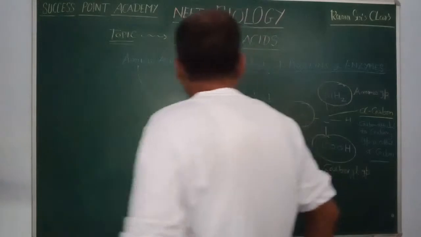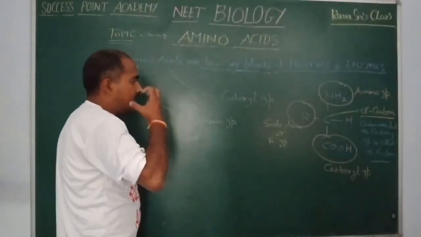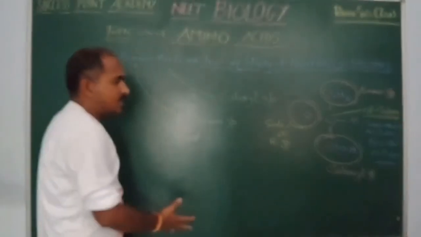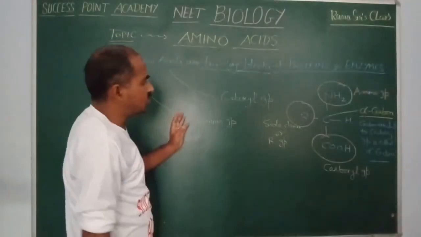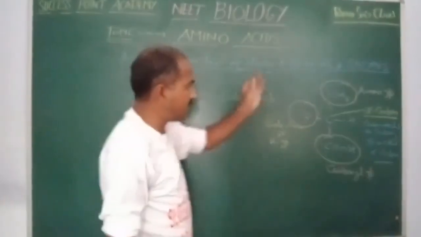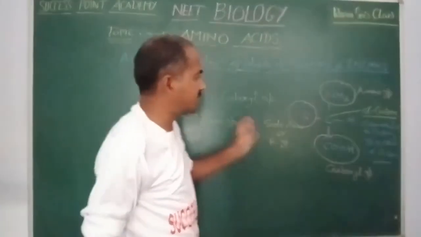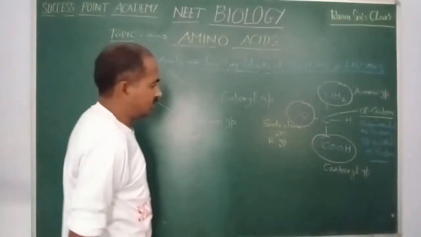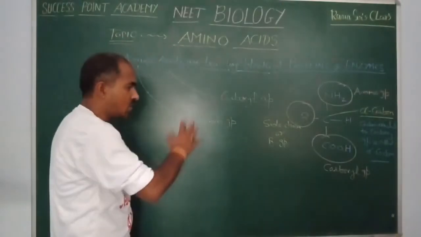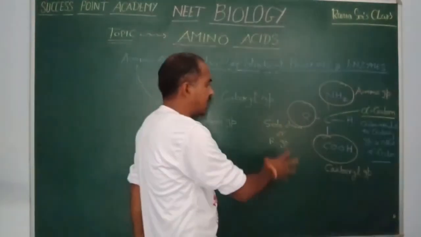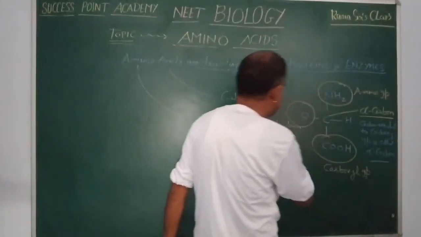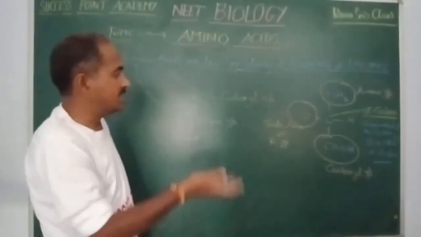Now you see, what are amino acids basically? They are molecules having a carboxyl group and an amino group in the molecule, and these amino and carboxyl groups are also attached to a side chain, yes, the R group.